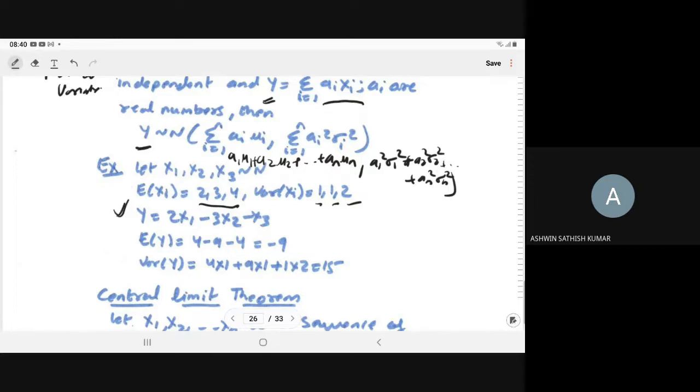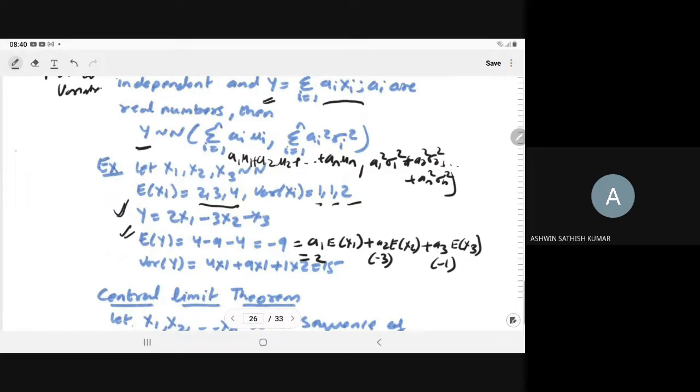So E of y will be a1 E of x1 plus a2 E of x2 plus a3 E of x3, where a1 is 2, a2 is minus 3, and a3 is minus 1.